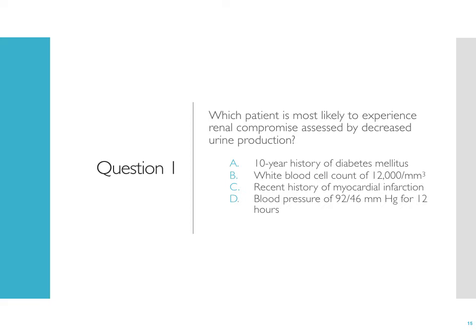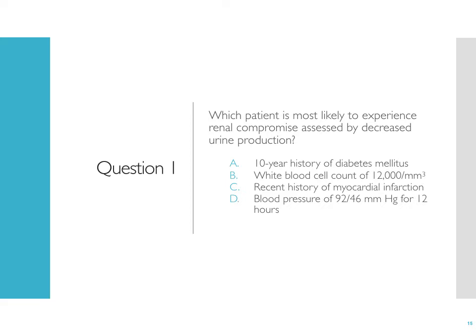So if you had a blood pressure of 92/48, your mean arterial pressure would be 62. And the kidney has a difficult time regulating the glomerular filtration rate, or the GFR, when the mean arterial pressure is less than 65. So we want to definitely keep an eye on things like that.